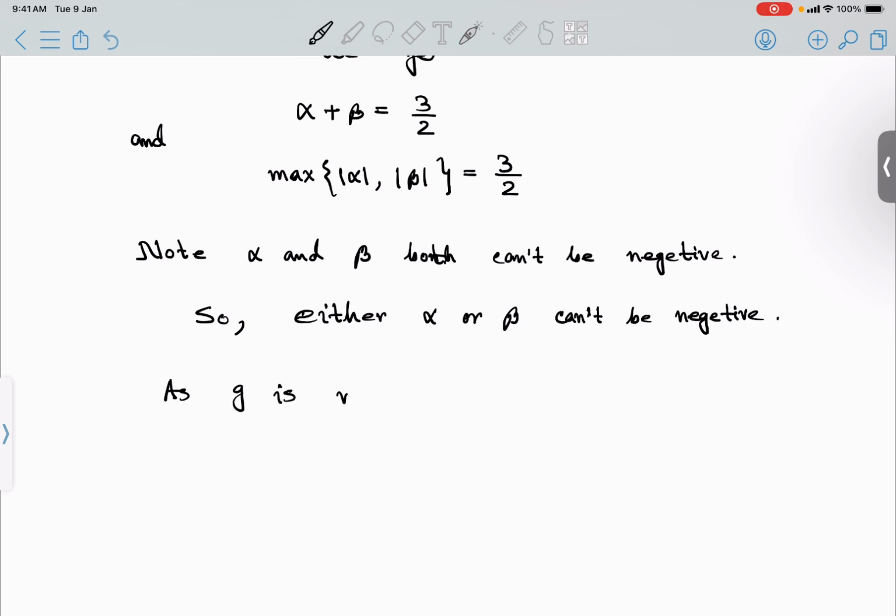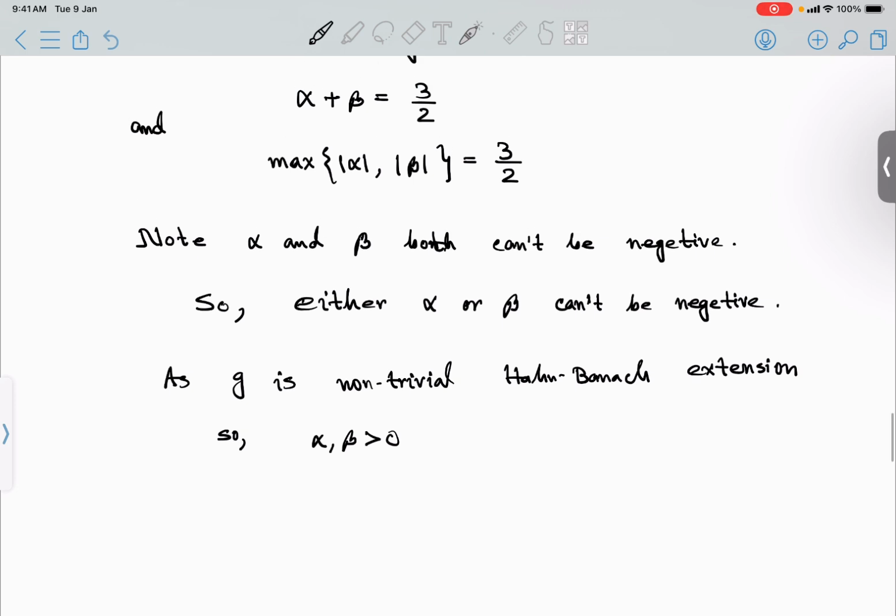As G is a non-trivial Hahn-Banach extension, alpha and beta both are positive. Now what will be the possible values? Can one be 0?